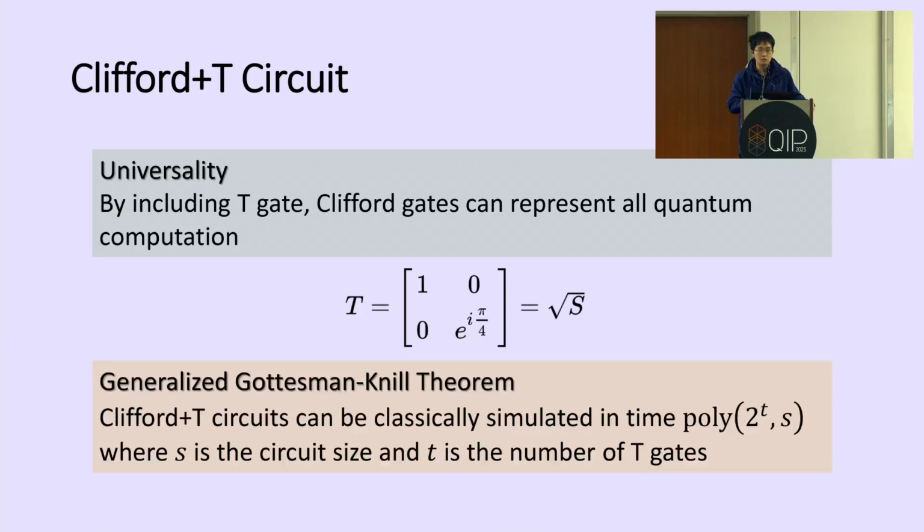And also, for this, we have a generalized Gottesman-Knill theorem, which says if you have a Clifford plus T circuit, then the classical simulation runtime is polynomial in the circuit size and exponential in the number of T gates. So this is a generalized version of the Gottesman-Knill theorem that I presented 1 slide ago.